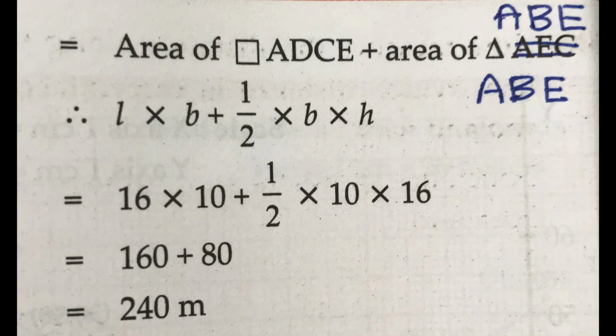The length is 16 and the breadth is 10, or the other way around, anyway you may take. So 16 into 10 plus half into 10 into 16, that is 160 plus 80, which gives you 240 meters.